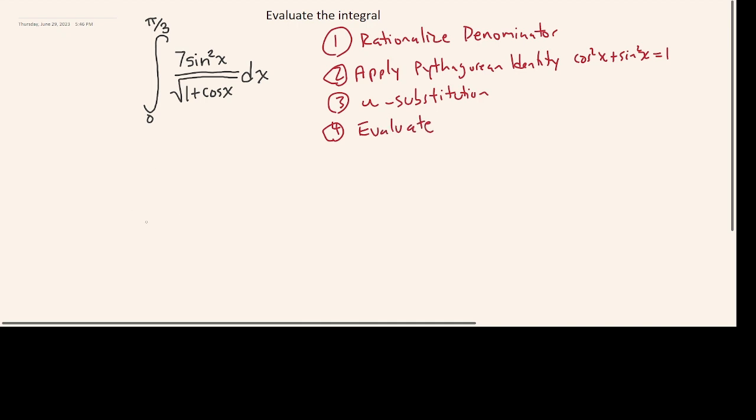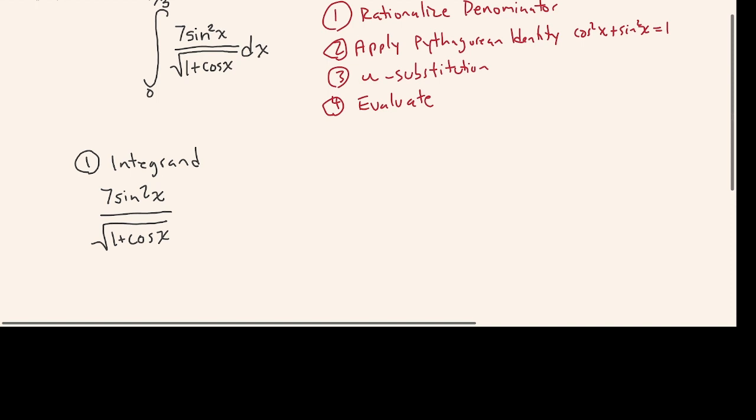So, beginning with 1, let's take the integrand, 7 sine squared of x divided by the square root of 1 plus cosine x. And what we'll do is multiply it by the conjugate of the denominator.